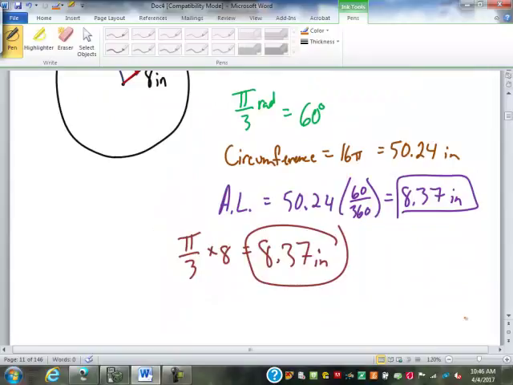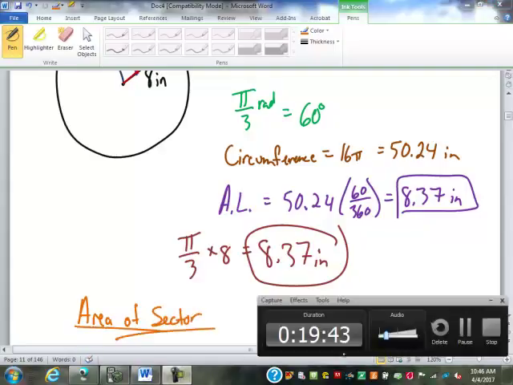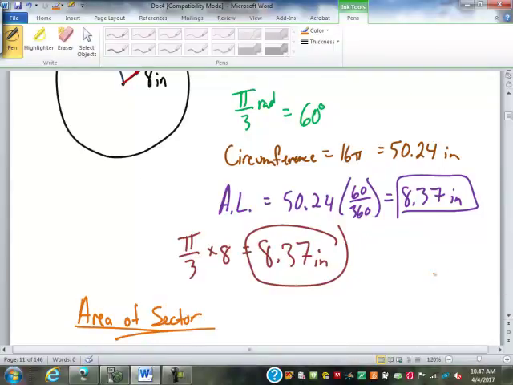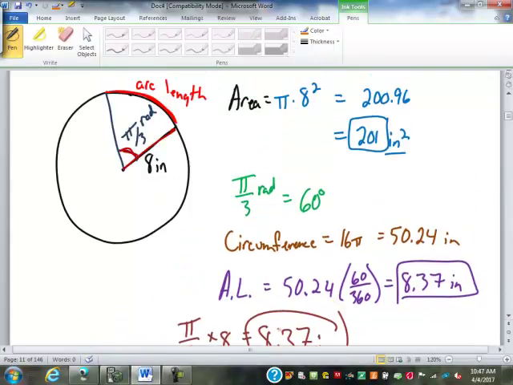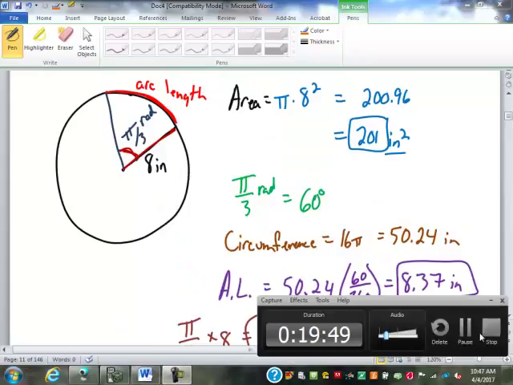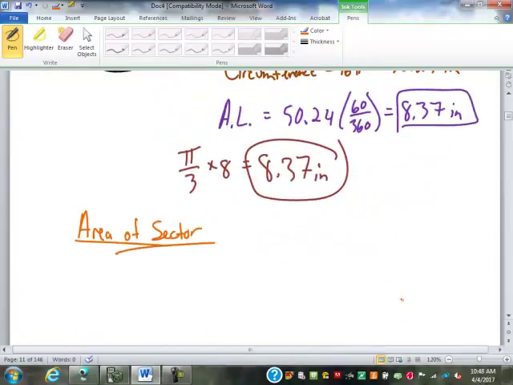So, next question. Find the area of that sector. Here, I'll scroll back up so you can see it. So, the question is, is there a shortcut for using the radian angle for sector area?